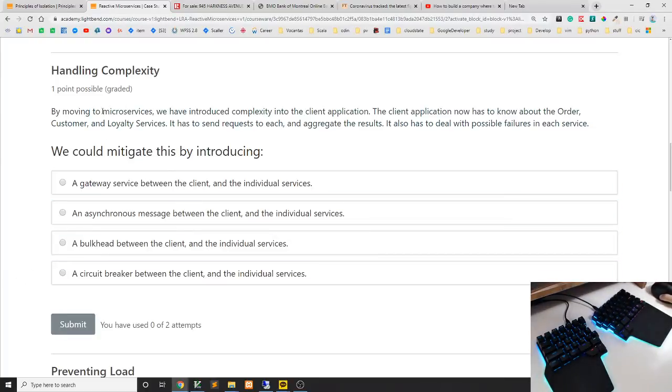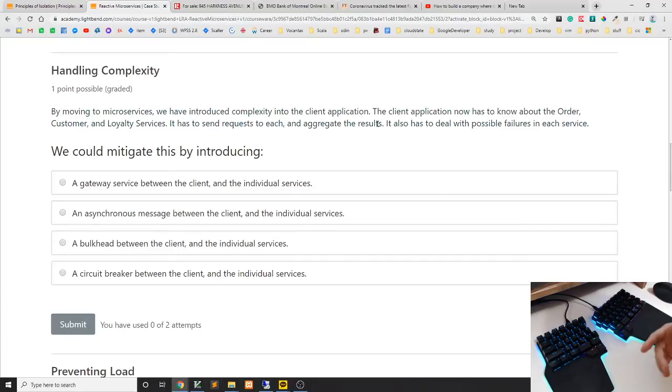In handling complexity by moving to microservices, we have introduced complexity into the client application. The client application now has to know about the order, customer, and loyalty services. It has to send requests to each and aggregate the results.